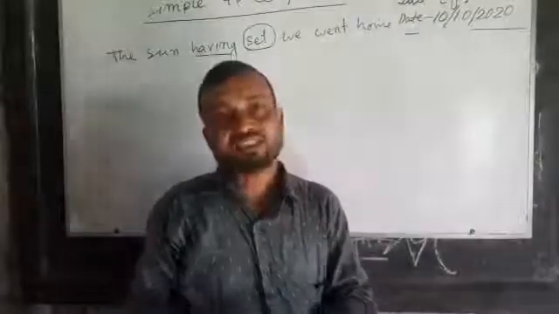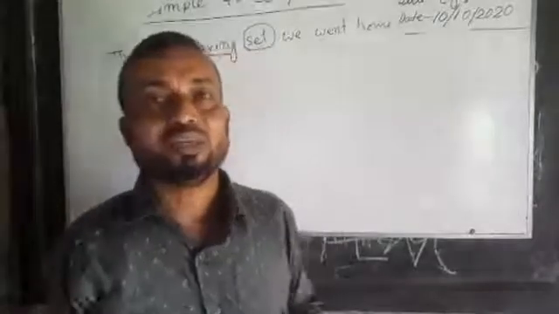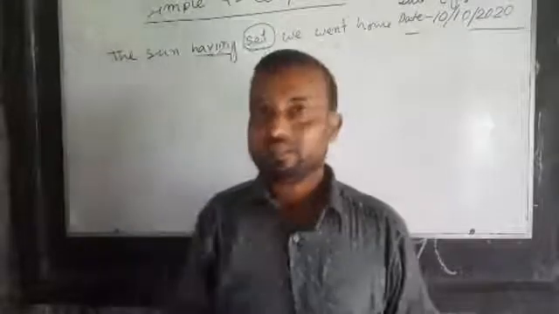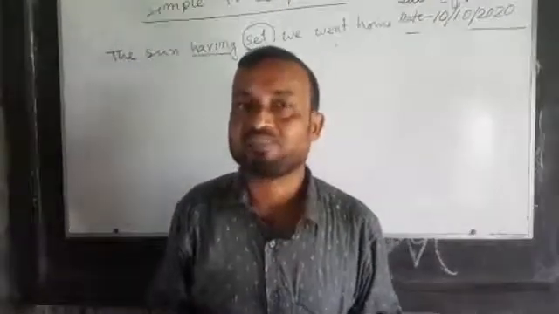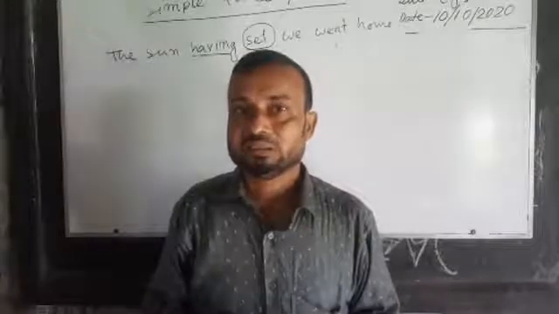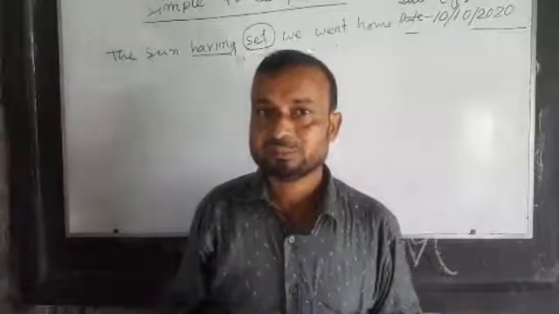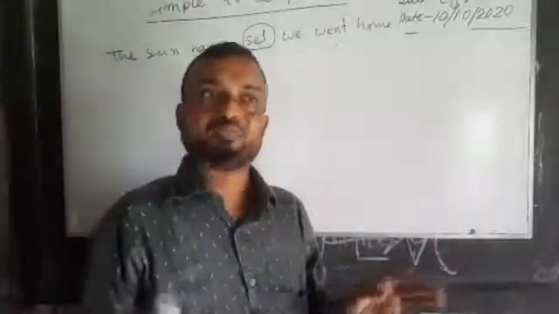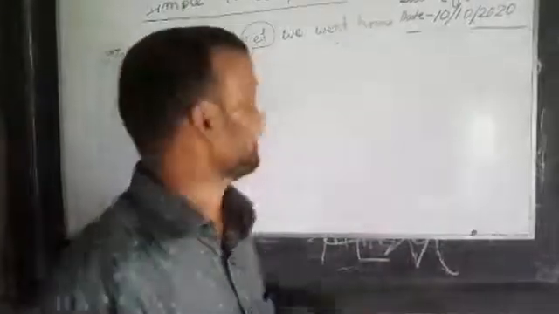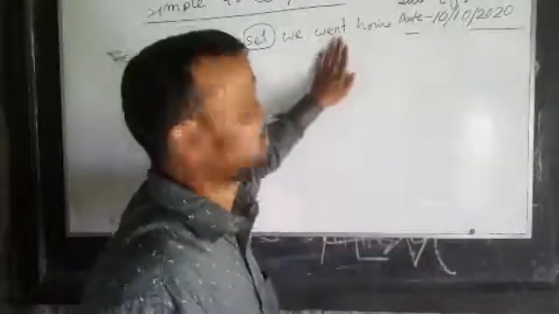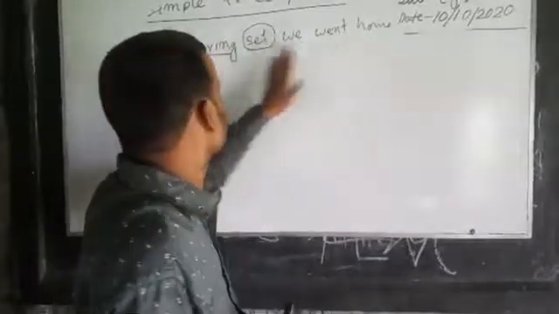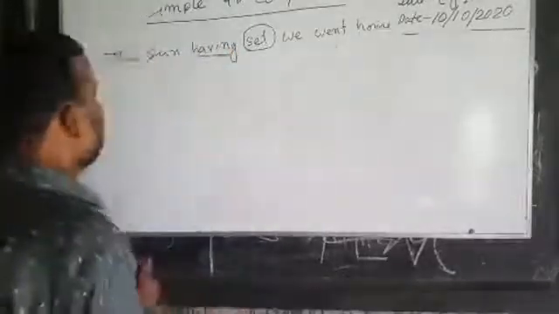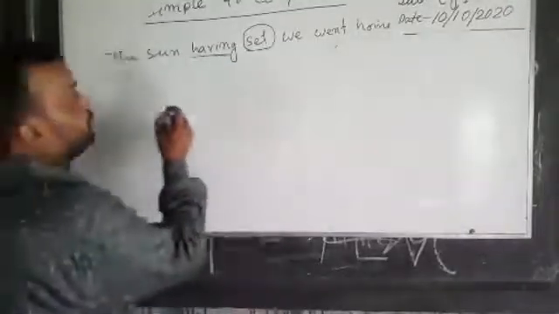And when a sentence contains a perfect participle, at that time when we change this type of sentence into compound, then we have to use the past perfect tense here. Understand, my dear students? So when we change it into a complex sentence, we have to use the past perfect tense. But here this is past tense, past indefinite, so in this we also use past tense. My dear students, then what do we have to do?